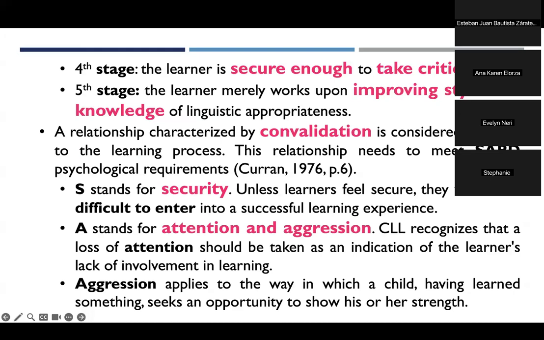So this relationship between the teacher and the learner is characterized by convalidation. But what is convalidation? In simple terms, convalidation implies how the teacher provides feedback, the learner accepts that feedback, but at the same time, that feedback serves for the teacher to go further. In what sense?